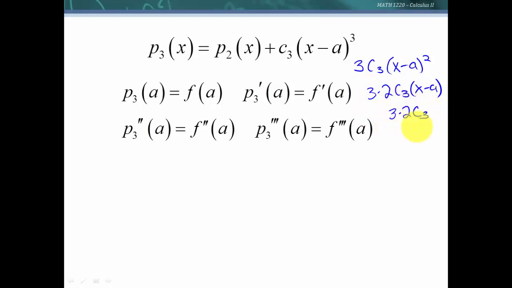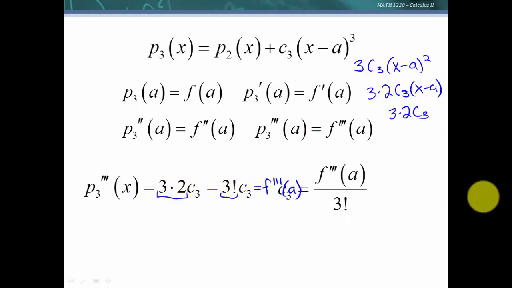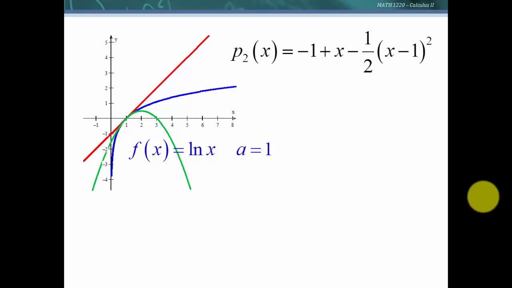So we would need this then. It was our polynomial of degree 3. We would want that to equal our function's third derivative at a, and we can express this as a factorial. We could solve this for c3 then by dividing by that factorial, and our c3 would be f triple prime of a over 3 factorial.